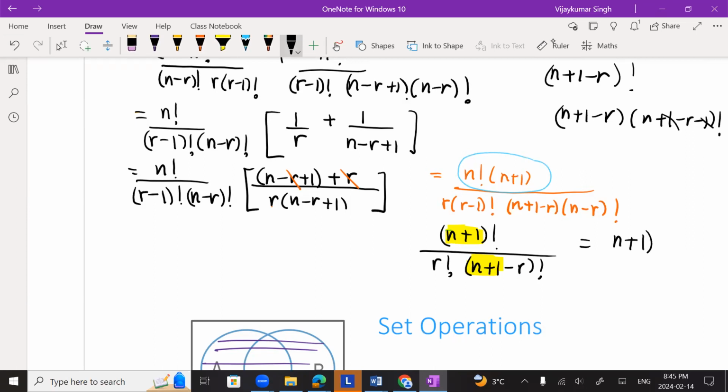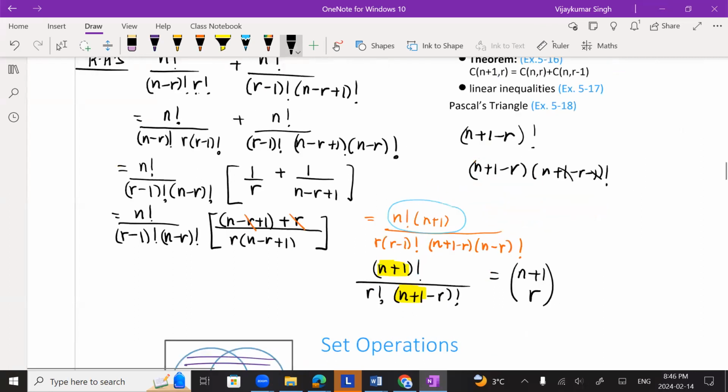Sorry, this is going to be the same as what? n plus 1 choose r. Does that make sense? So if anyone is not convinced, I can talk about it. Anyone? So this is an algebraic proof.